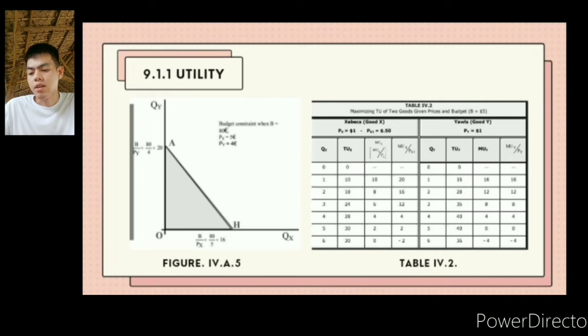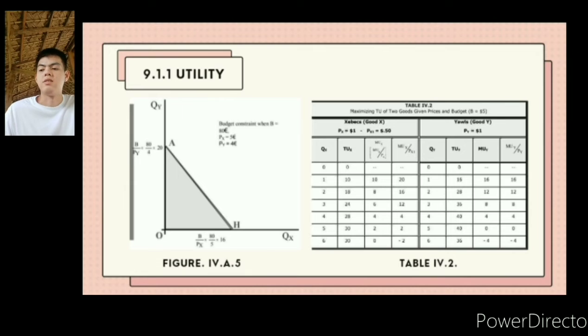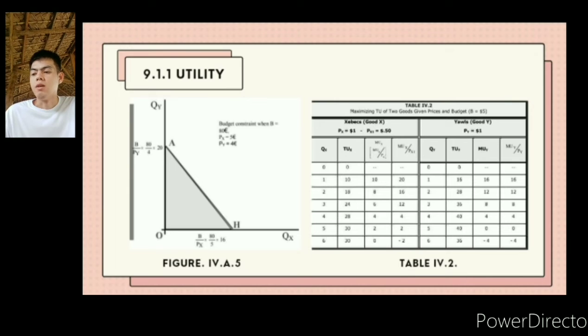Kabaligtaran naman kapag nag-decrease, masiship in yung budget constraint. A change in relative price will rotate the constraint or change its slope. O magbabago yung slope nun.